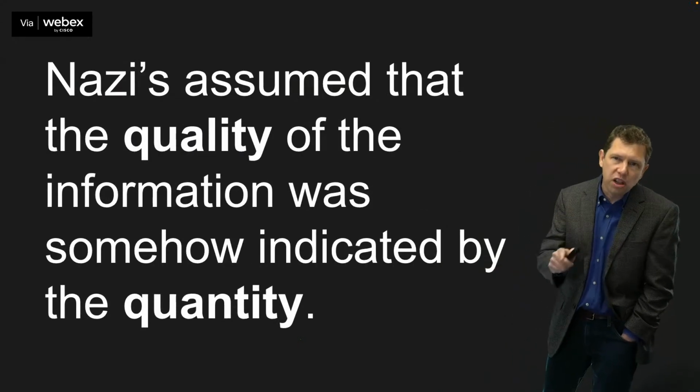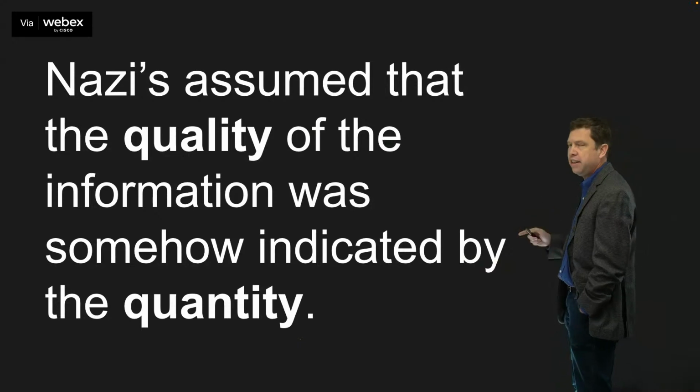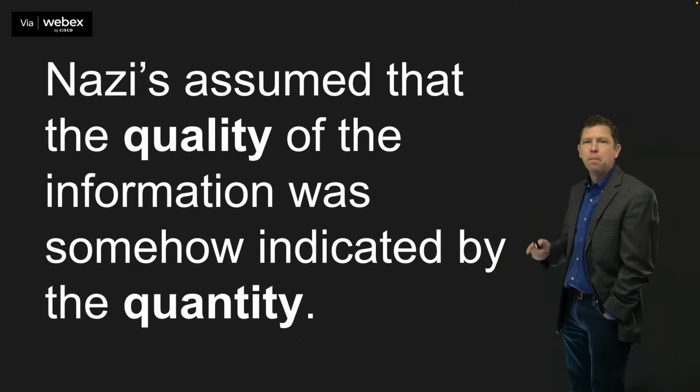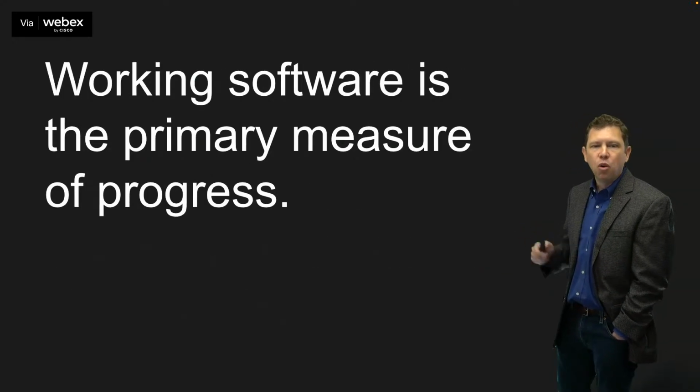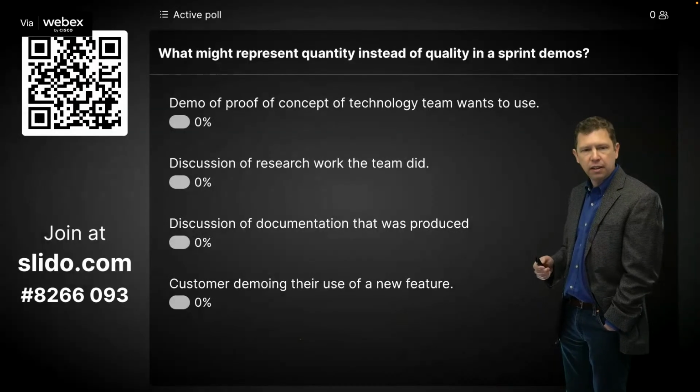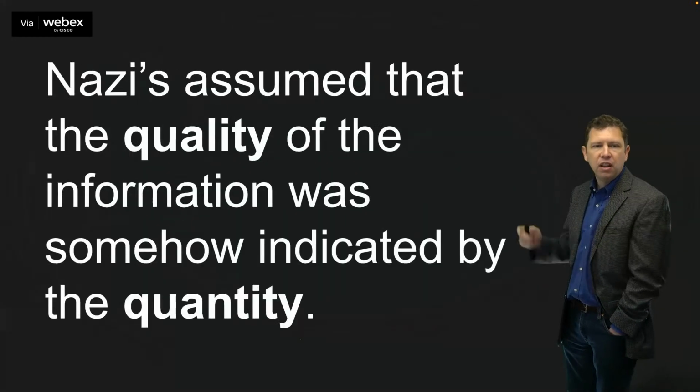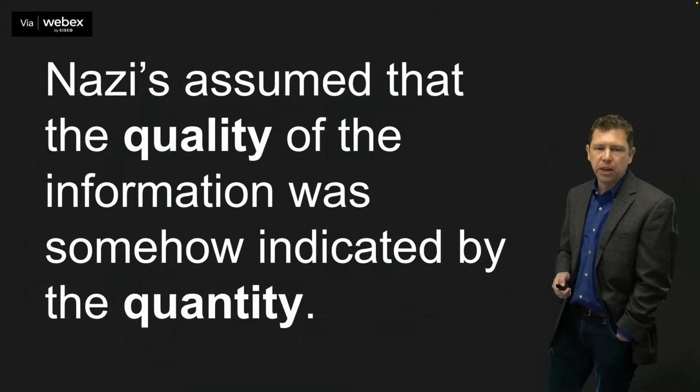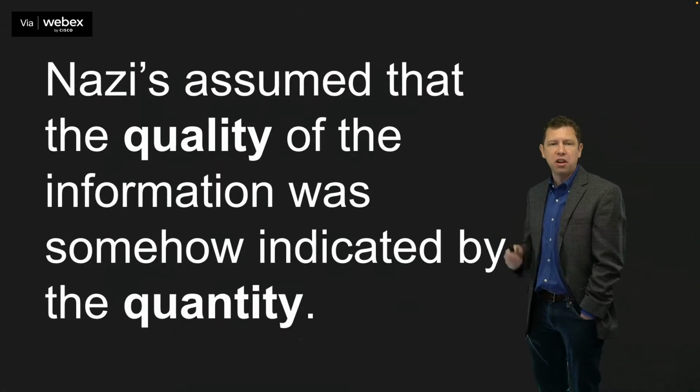Nazis assumed that the quality of the information was somehow indicated by the quantity, but those are not the same thing. Okay. Nazis assumed that the quality of the information was somehow indicated by the quantity.